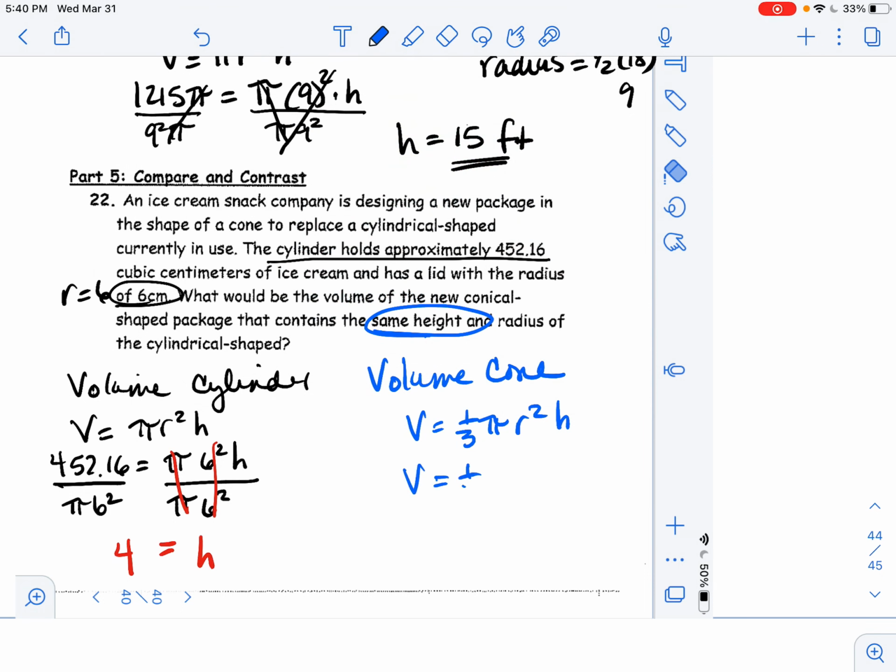And the radius on the lid is going to be also the same. So it's going to be volume is equal to 1/3 pi, the radius is 6 squared, times 4. And let's see what that is. 1/3 times pi times 6 squared times 4 in the calculator. The new volume is 150.79. So it is much less than that cylinder.